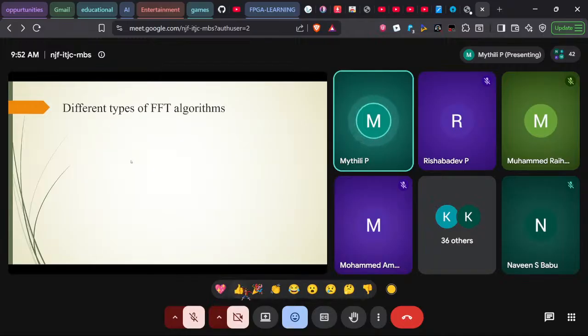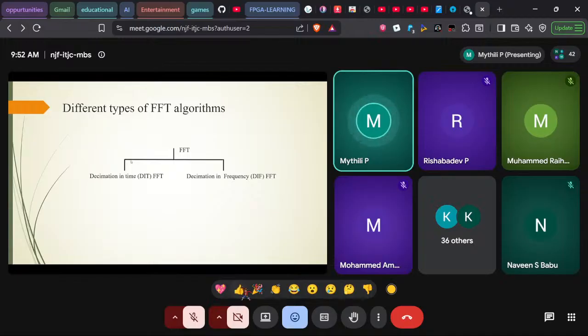We have two types of FFT algorithms: decimation in time FFT algorithm, and decimation in frequency FFT algorithm. The algorithm is going to give the same outcome.